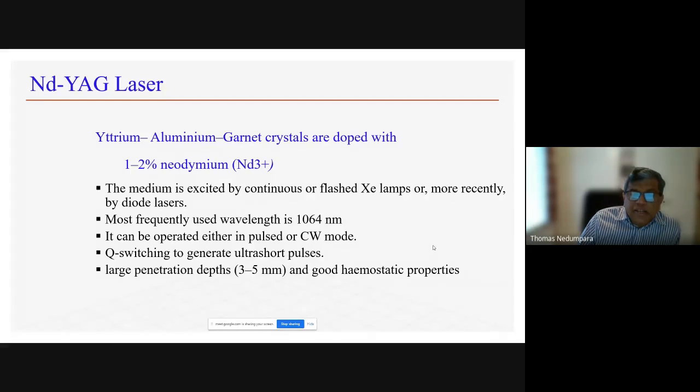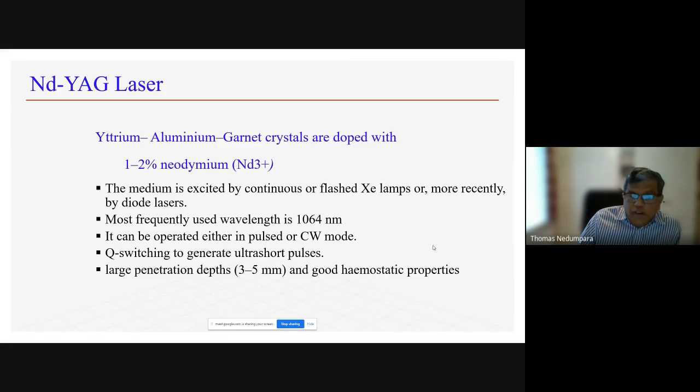The next milestone in laser development was the Nd:YAG laser, where 1 to 2% neodymium is doped into yttrium aluminum garnet crystals. And this lasing medium is excited by flashed xenon lamps, or more recently by diode lasers.